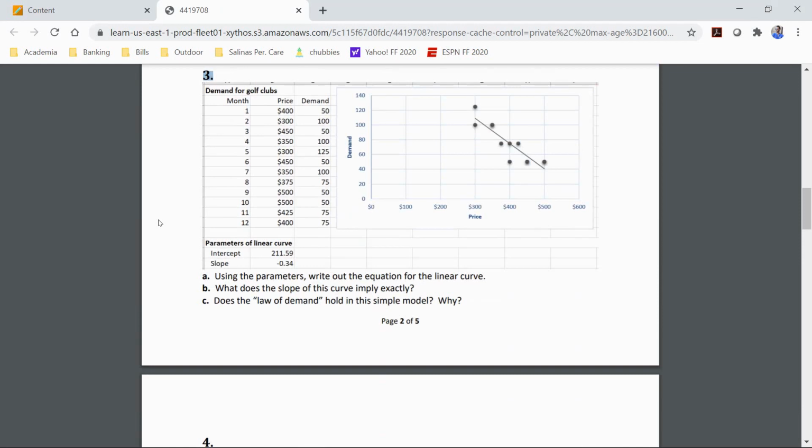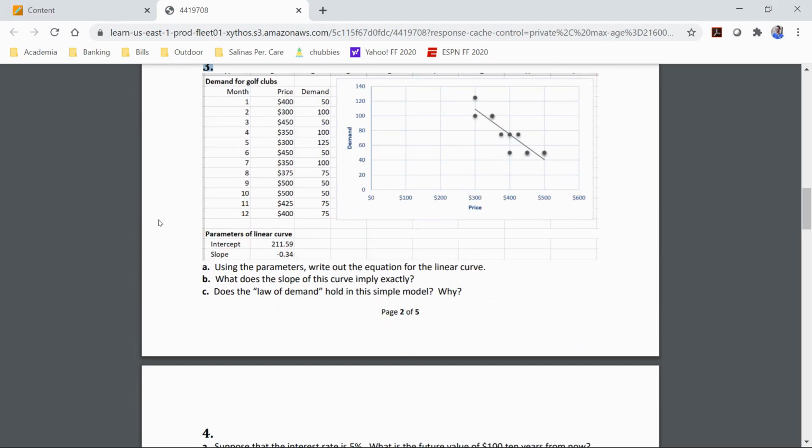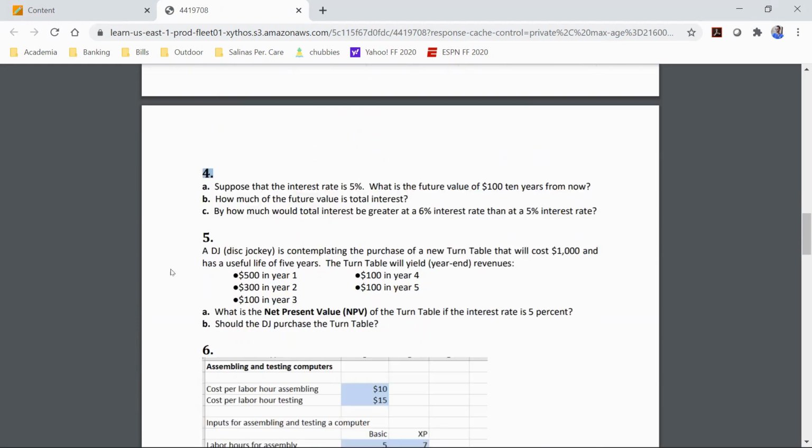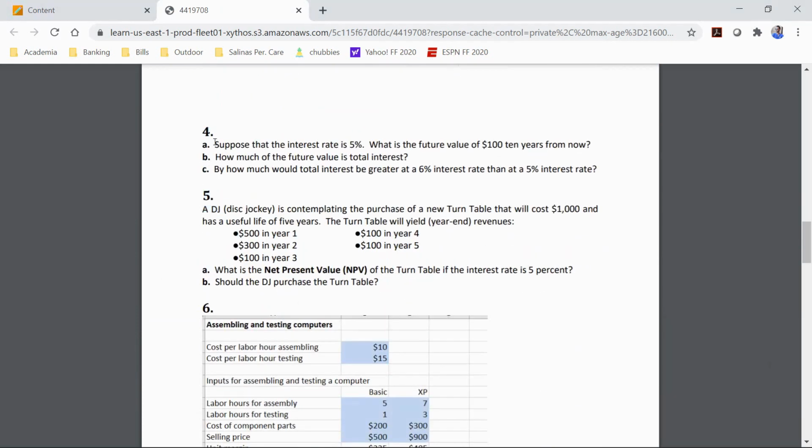Number 3 will be about the golf club demand, where we did the estimating the curve. Number 4 and number 5 are both on net present value, because those are pretty short. So a couple from that section.